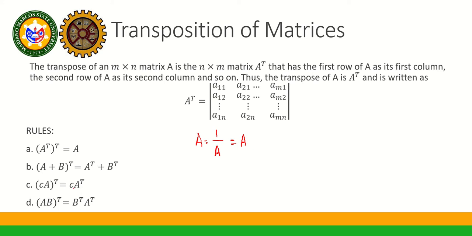So, you can separately get the transpose of a matrix and then i-multiply mo si scalar number. And then, for the last rule, the transpose of the product of matrix A and B is equal to the transpose of B multiplied by the transpose of A. Okay? So those are the rules governing the transposition of matrices.